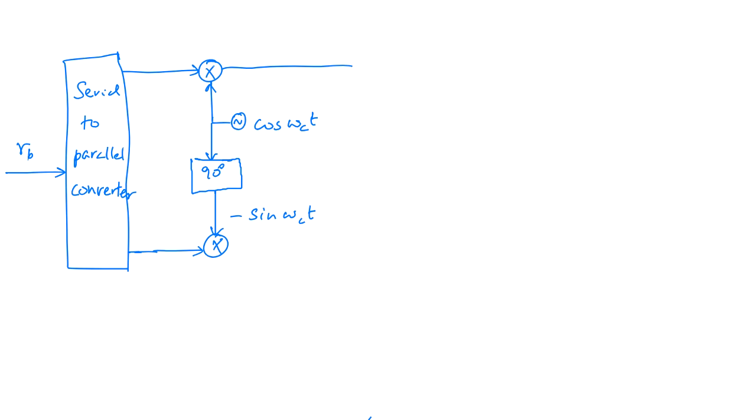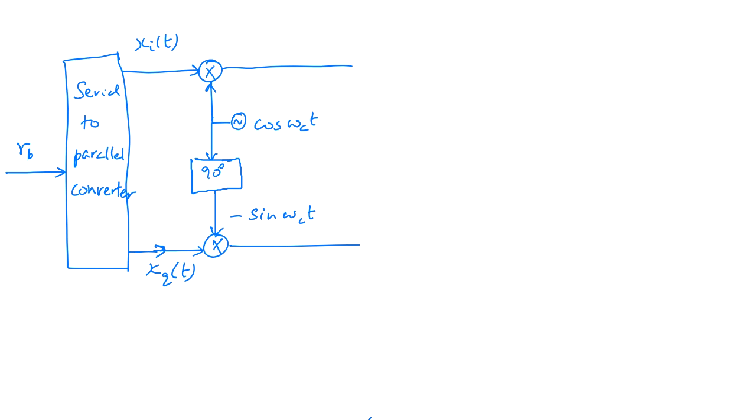So the upper part we call it say xi of t, and the lower part we'll call it xq of t. Okay, that's the name given to it. What does the I and q represent? I will tell you in just a moment.